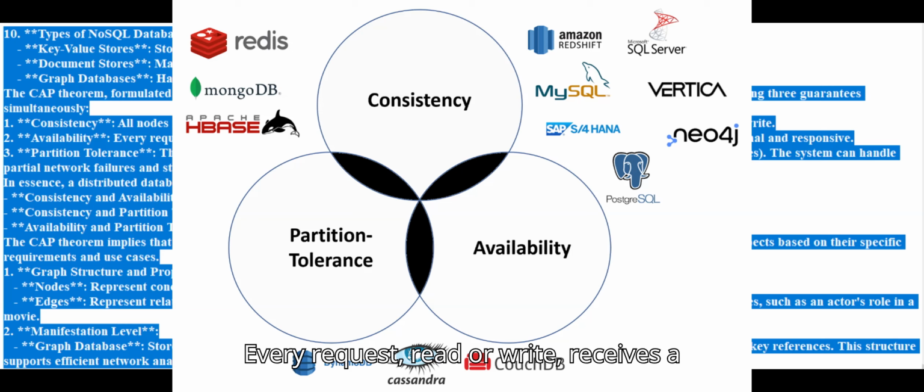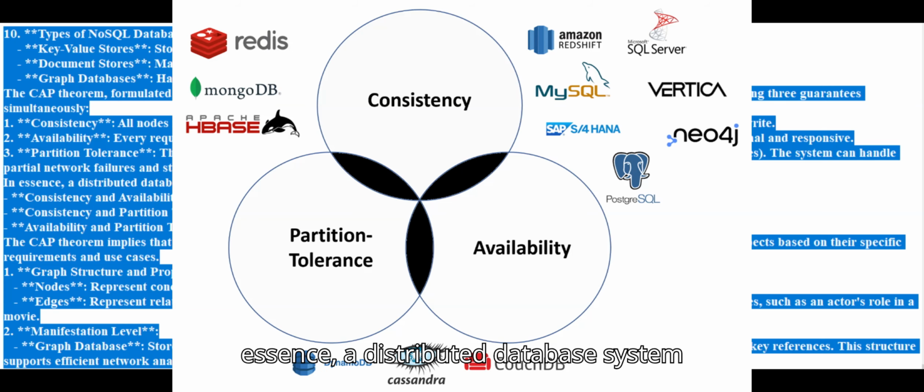Availability. Every request, read or write, receives a response, whether it is the most recent data or not. The system is operational and responsive. 3. Partition tolerance. The system continues to operate despite network partitions, i.e., communication breakdowns between nodes. The system can handle partial network failures and still function.